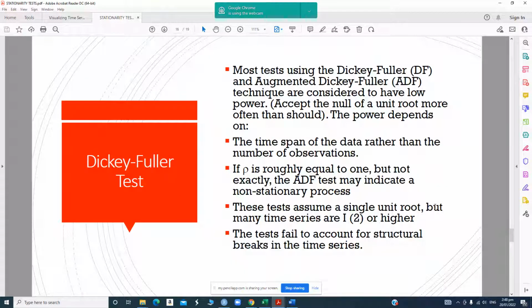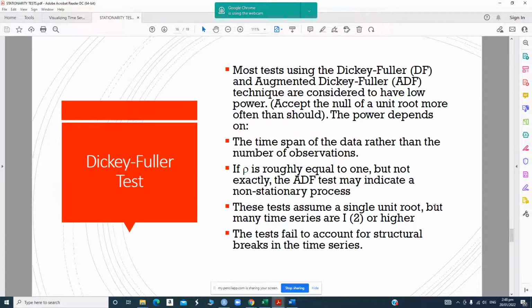Most economic time series are actually I1. Most tests using Dickey-Fuller and augmented Dickey-Fuller techniques are considered to have low power, because the power depends on the time span of the data rather than the number of observations.